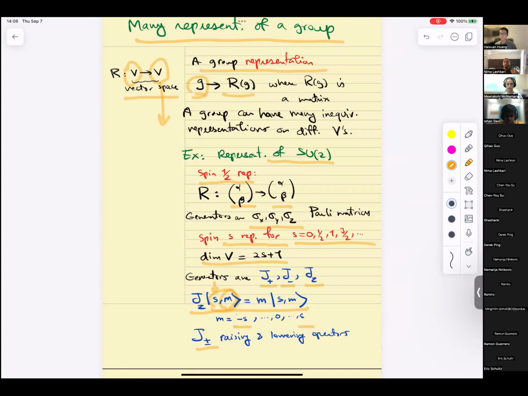So you hear this a lot. I have a field theory that has symmetry group, I don't know, SUN, and my fields transform in a particular representation. To describe the theory, I have to tell you what the representation is. That will tell you how to write down the action. Is this idea clear?